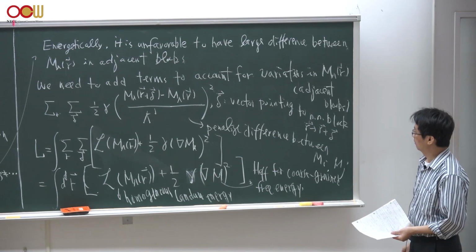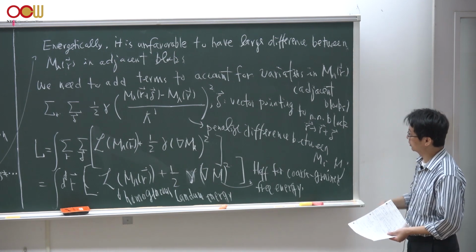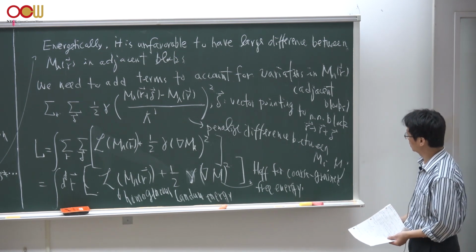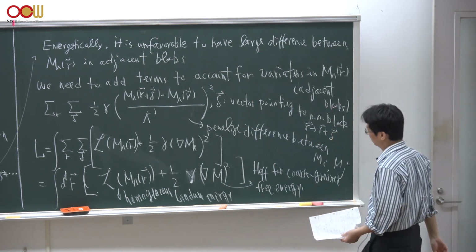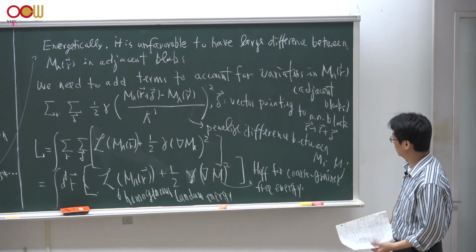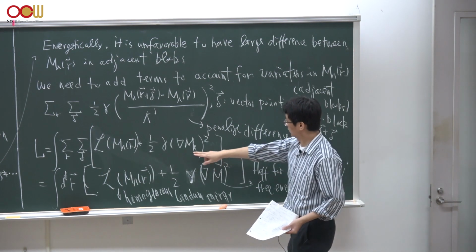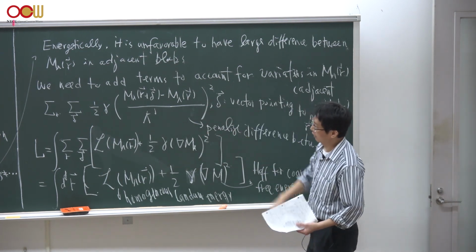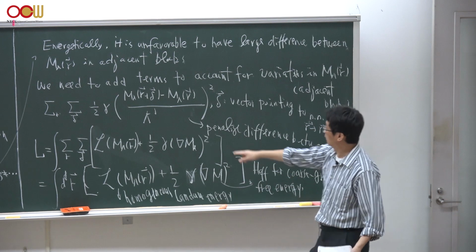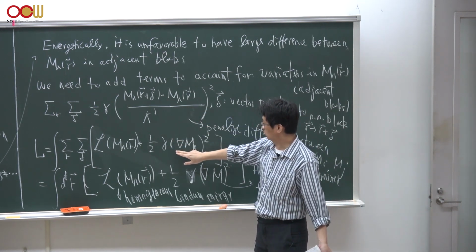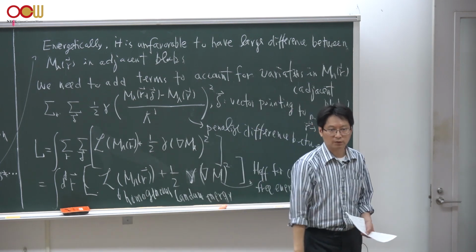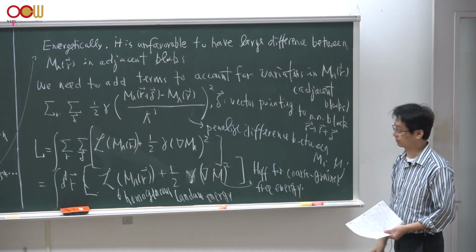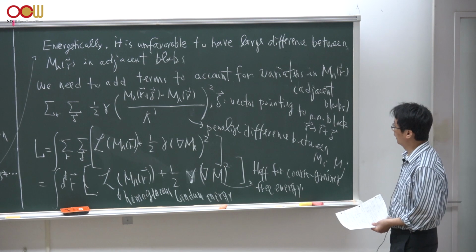The way to penalize this inhomogeneous distribution of local magnetization is to add a kinetic term, or a gradient term, to be precise, over adjacent blocks that will increase the total energy if there is a difference between adjacent order parameter values.